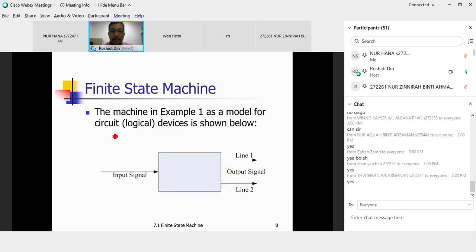Okay, so we have one input, there are 2 outputs. Why one input, 2 outputs? Because of 2 to the n. If we have 2 inputs, n outputs.